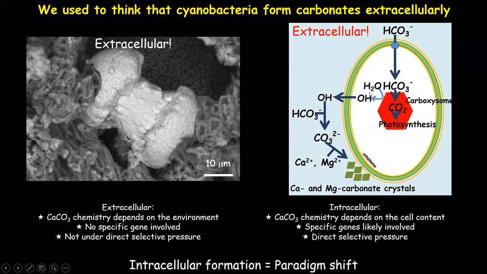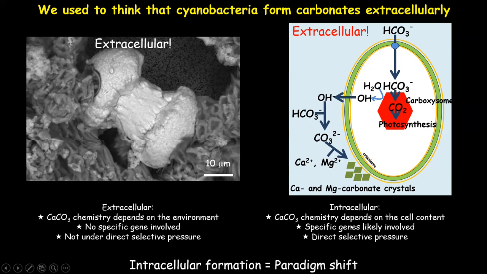And the idea so far was that this OH minus somehow gets kicked out of the cells. So you have an increase of the pH outside of the cells, and that induces the precipitation of calcium carbonate. So for a long time, people had thought that this calcium carbonate formation by cyanobacteria was only extracellular.